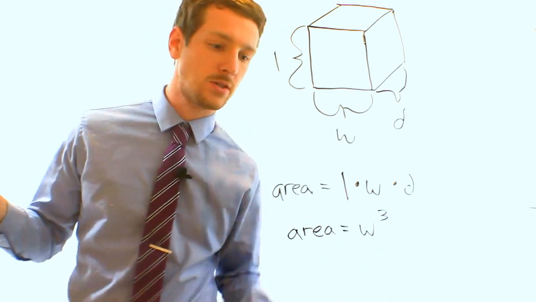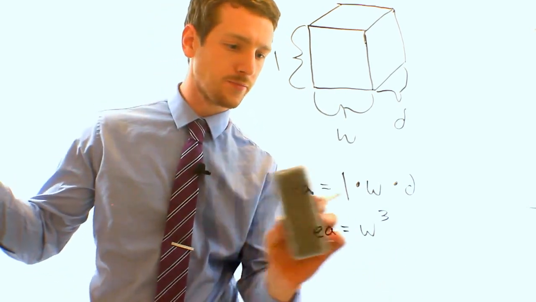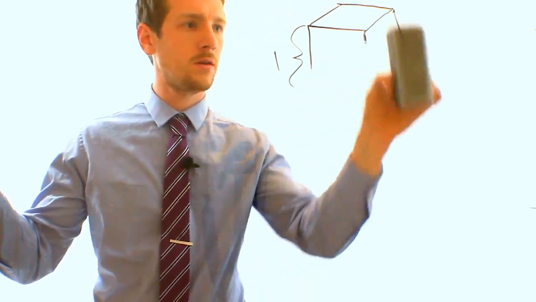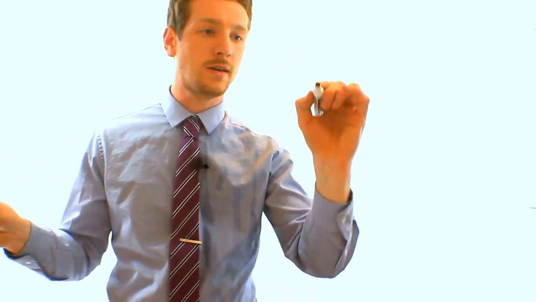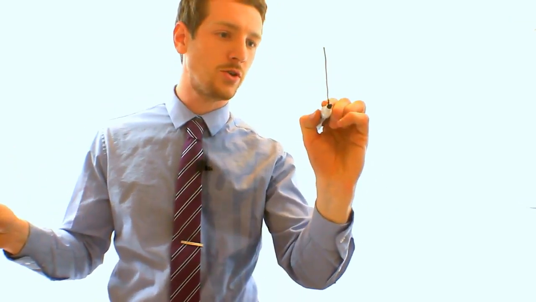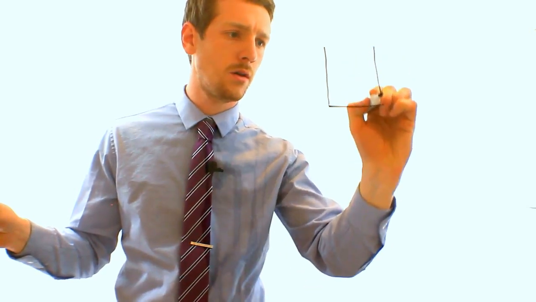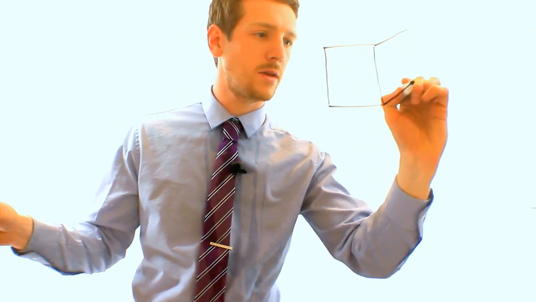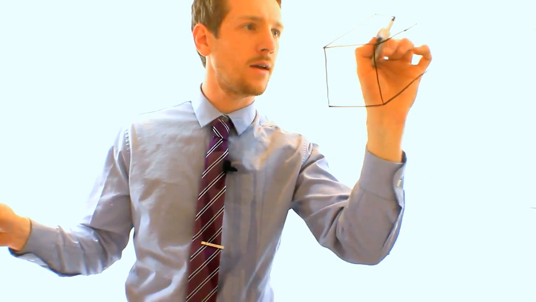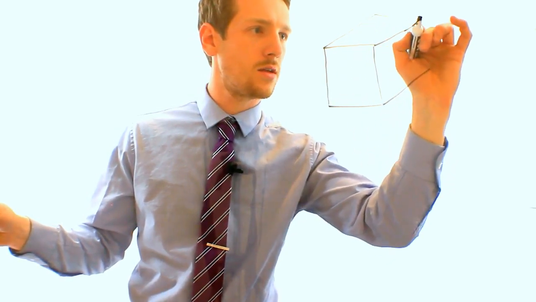So let's think about something just a little bit more complicated here. What if we had a rectangular prism this time, so it's no longer a cube, and we said that it's going to be twice as deep as it is tall.